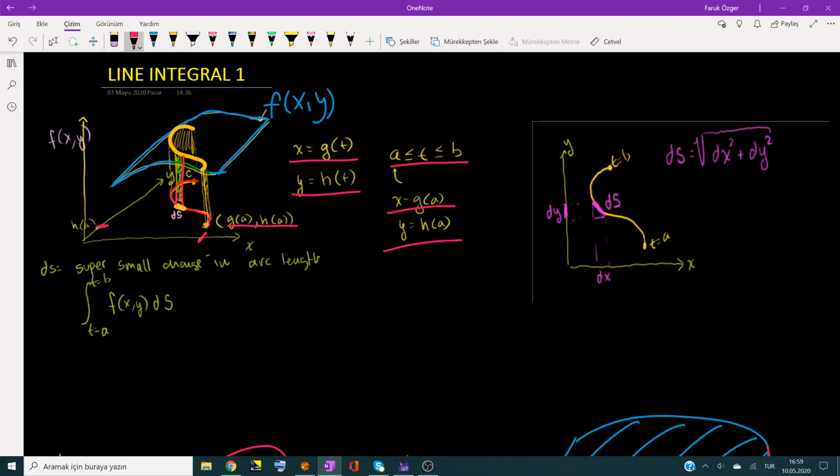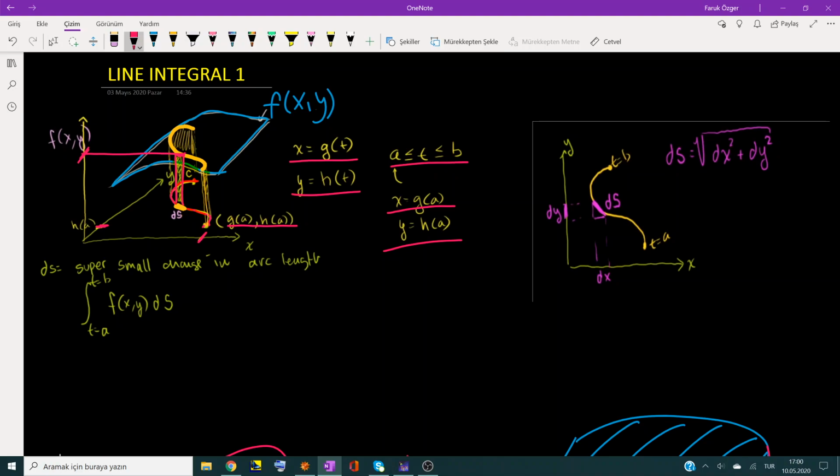Then we have a straight line from the lower curve to the upper curve, and then we have a rectangle, as you see. So how do we compute the area of this rectangle? How do we know the upper point? It is f of xy, since it is on the surface f of xy.